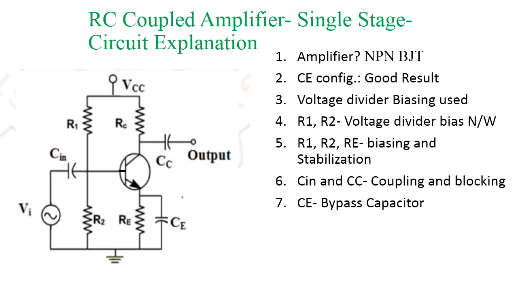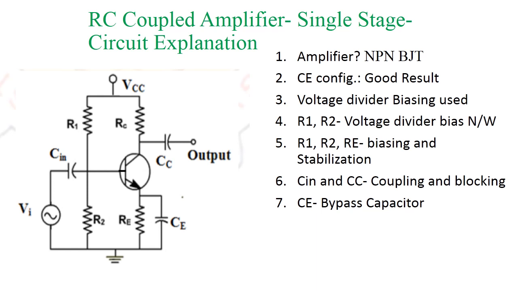In the absence of CE, some voltage drop will be generated across resistor RE, and this voltage drop across RE will form a negative feedback and it will reduce the strength of the input signal, and thereby it affects the output and the gain of the circuit.